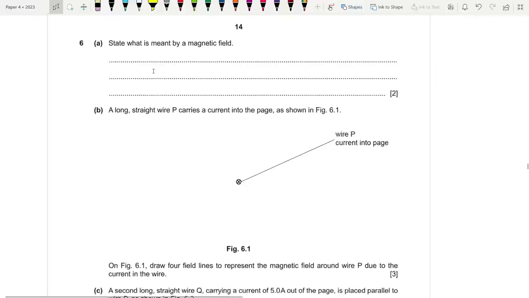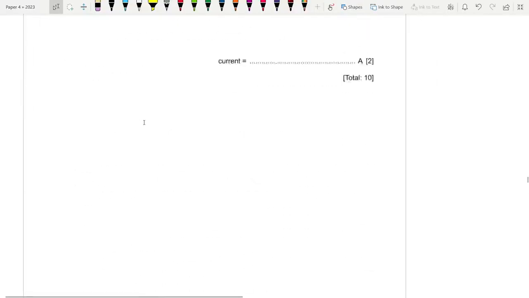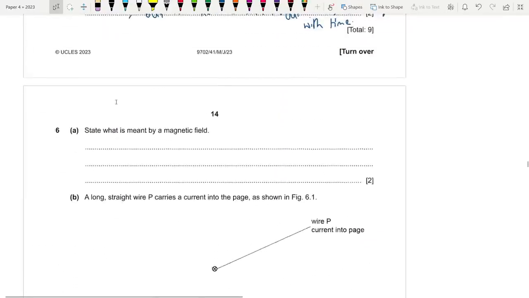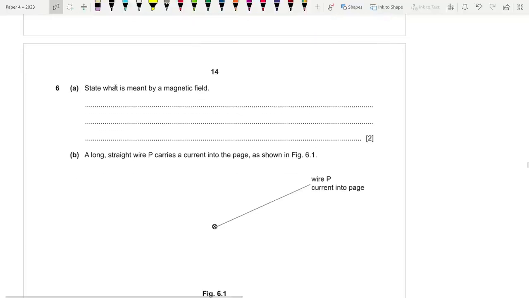So what is meant by magnetic field? This is the definition which hasn't changed. Electric field and gravitational field have changed, but magnetic field has remained the same. So what is it? It is a region where a force acts on, you have multiple options.